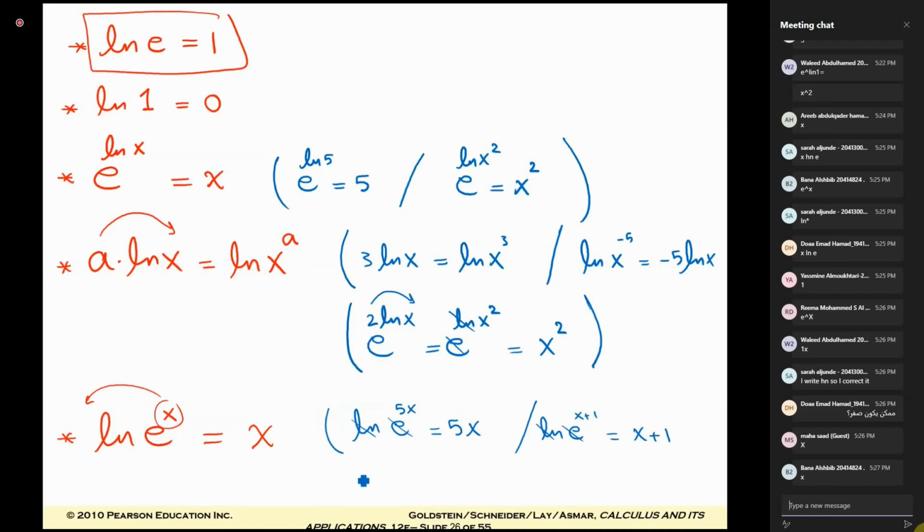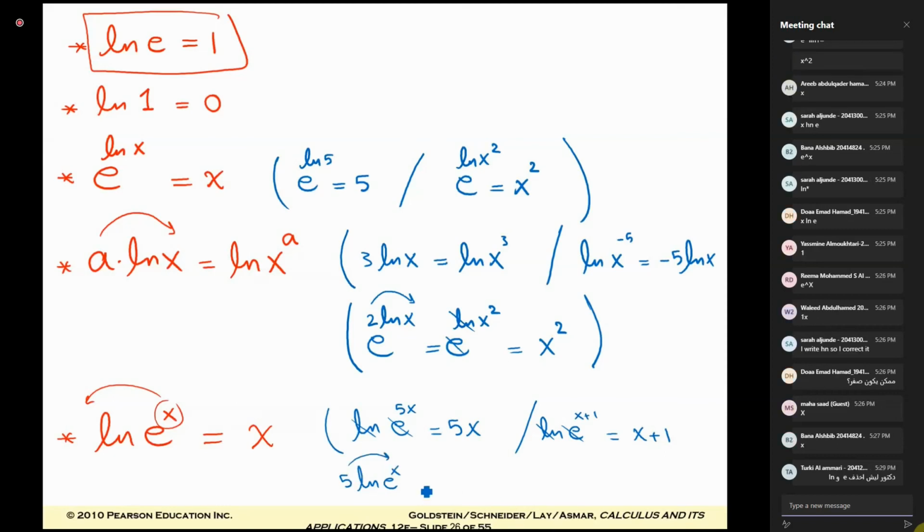If we have, for example, 5 ln e to the power x, and we need to simplify, we can put the 5 as an exponent, so we have ln e to the power 5x, because e to the power x to the power 5 means the two exponents are multiplied together, 5 times x, 5x.